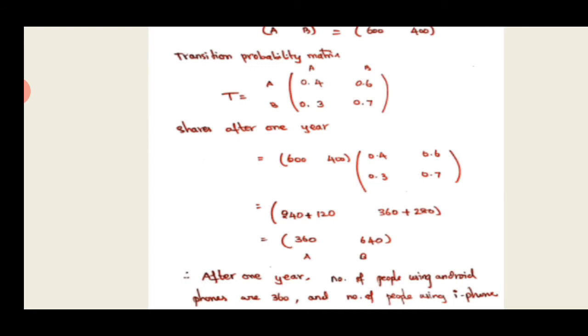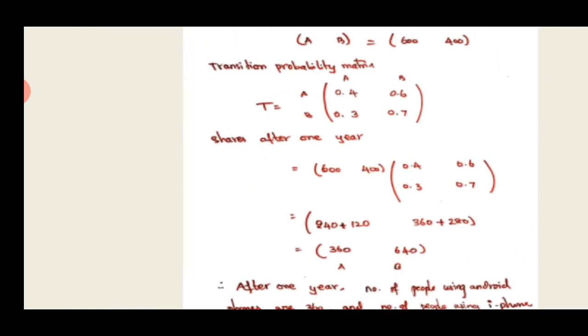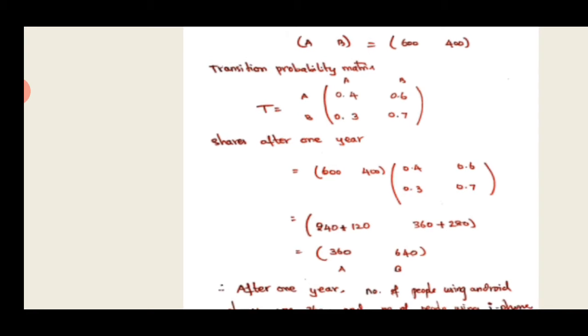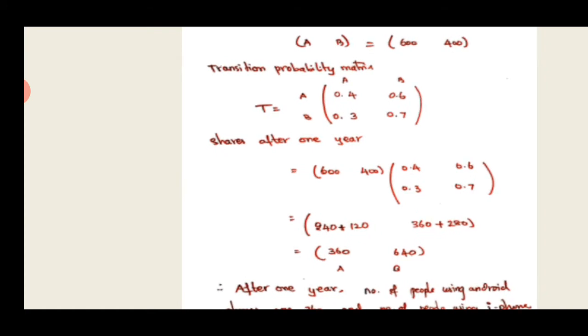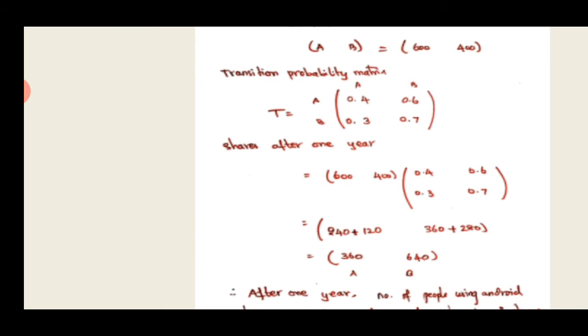So A to A, you can see the number we have is 0.4. That means those who are using Android, again continue to use Android at 0.4, which means 40 percent. The remaining 60 percent are A to B: in the A row and B column you have 0.6.